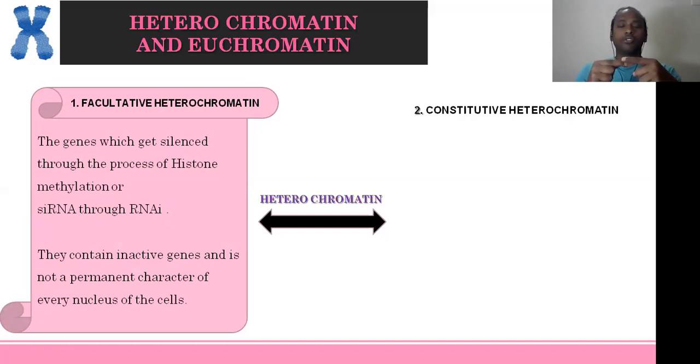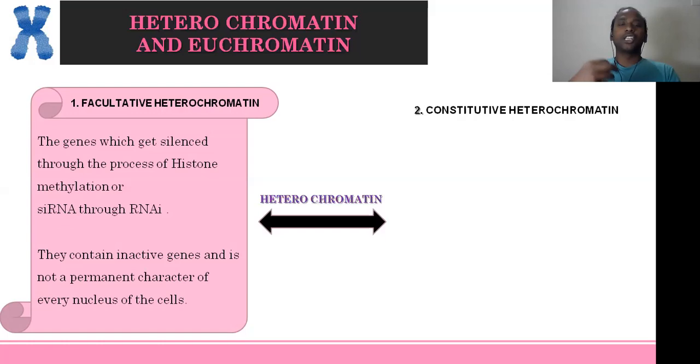Because of these two procedures, if a particular area is to be masked, then we call that facultative heterochromatin. So they contain inactive genes and this is not a permanent character of every nucleus of the cell. This we should understand.